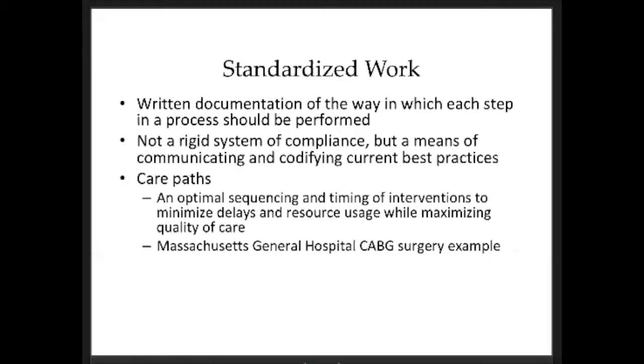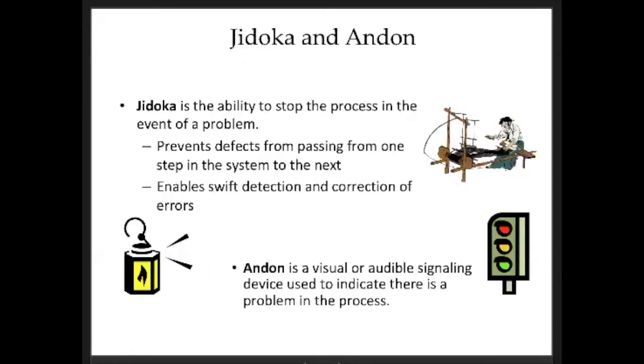So it's a way to structure different activities and make sure that there is some way of codification. So codification can be in the form of care paths, essentially an optimal sequencing or timing of interventions, which can then decrease delays or resource usage. There are some examples. You'll see many organizations that have used these standardized processes to reduce the time that it takes.